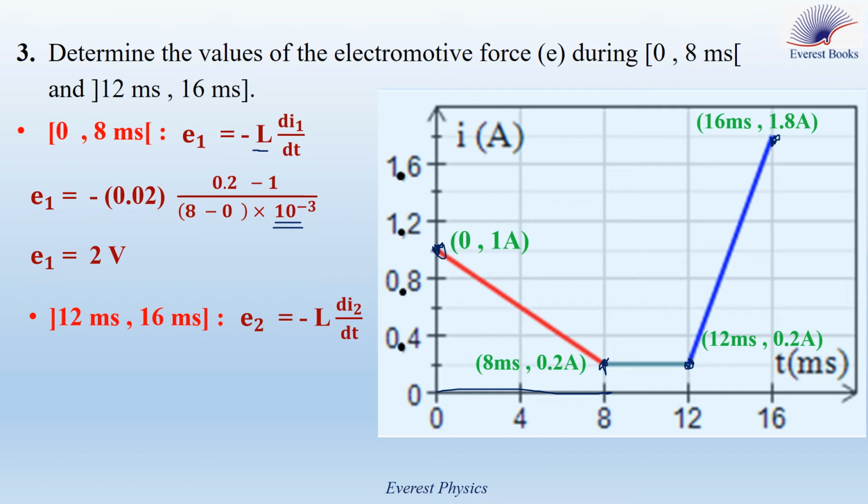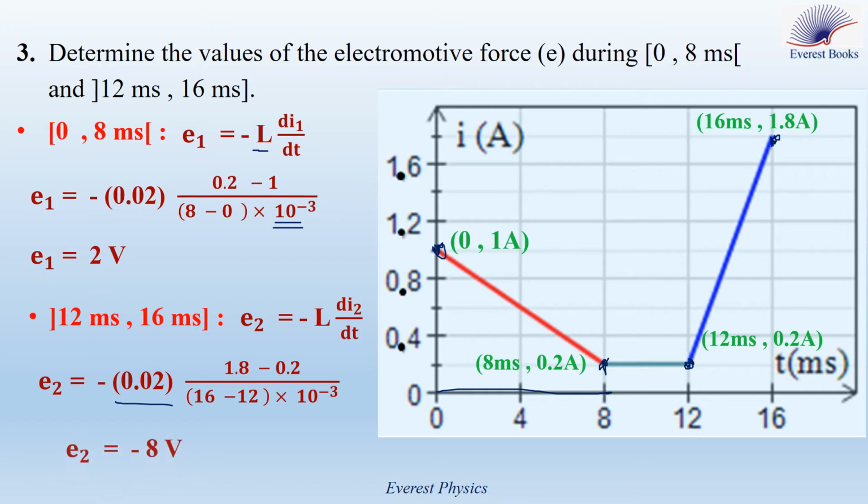We are ready to calculate E2. So the inductance is 0.02 henry, and dI2 by dt is equal to delta I2 over delta t, and the points are clear on the graph. The answer is E2 is equal to minus 8 volts.